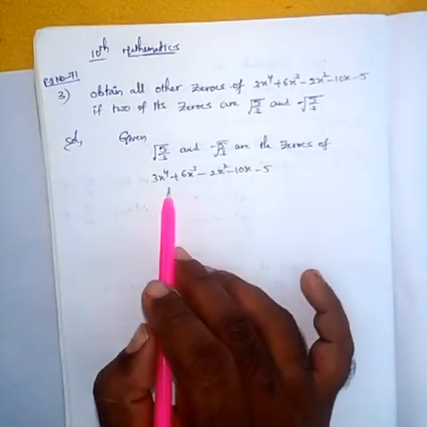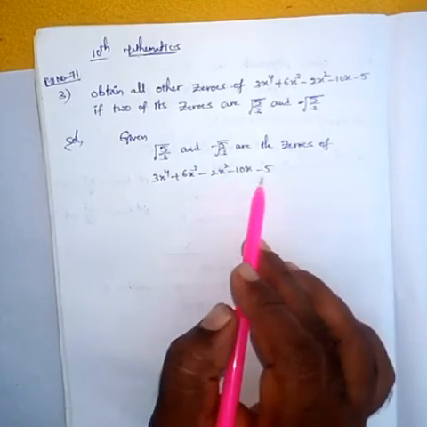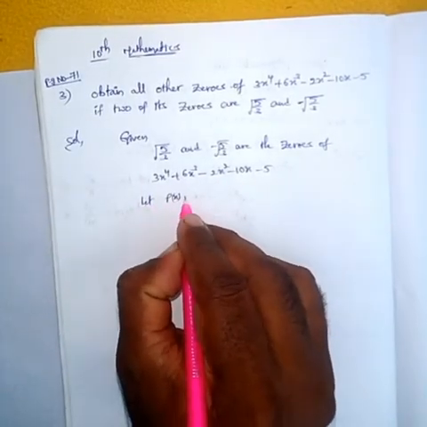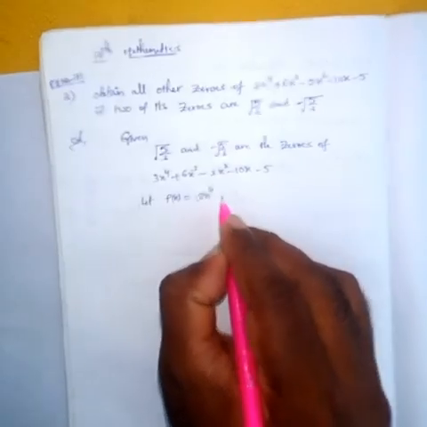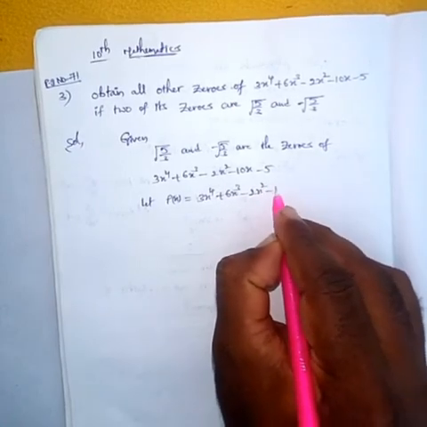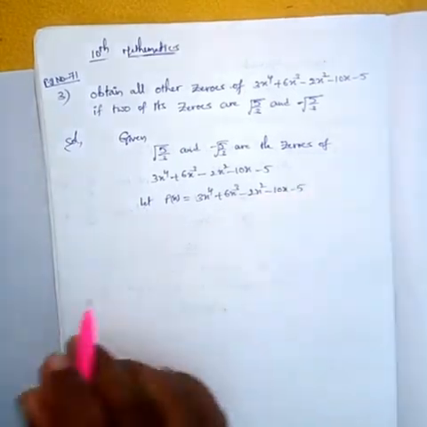Okay, children, for our convenience, name this polynomial as p(x). Let p(x) equal to 3x power 4 plus 6x cube minus 2x square minus 10x minus 5.